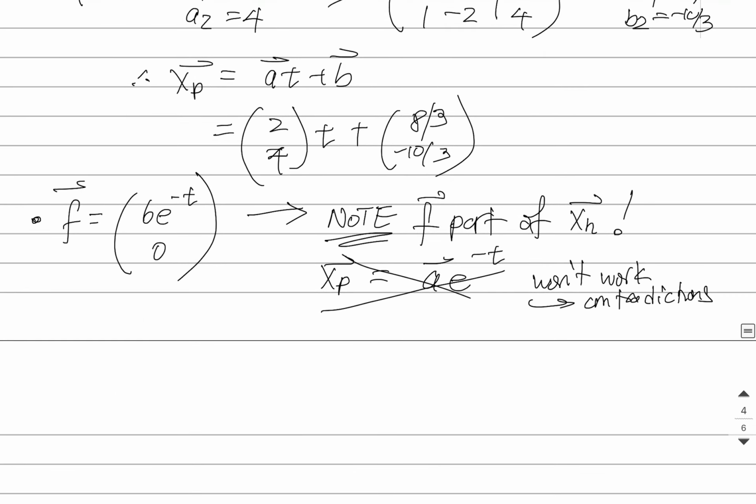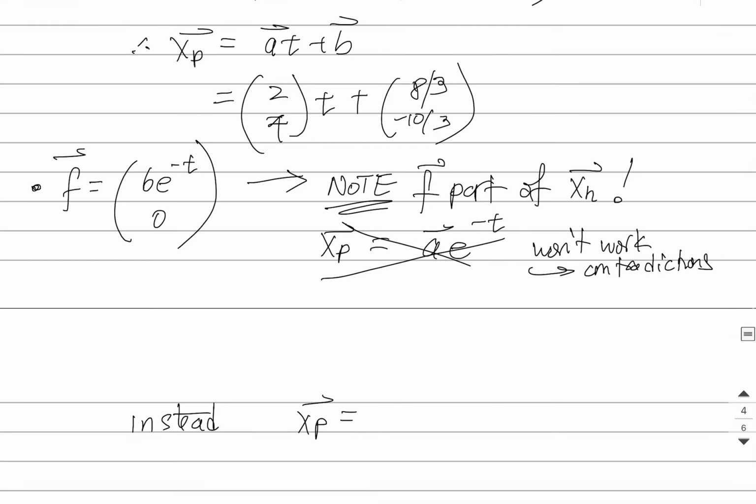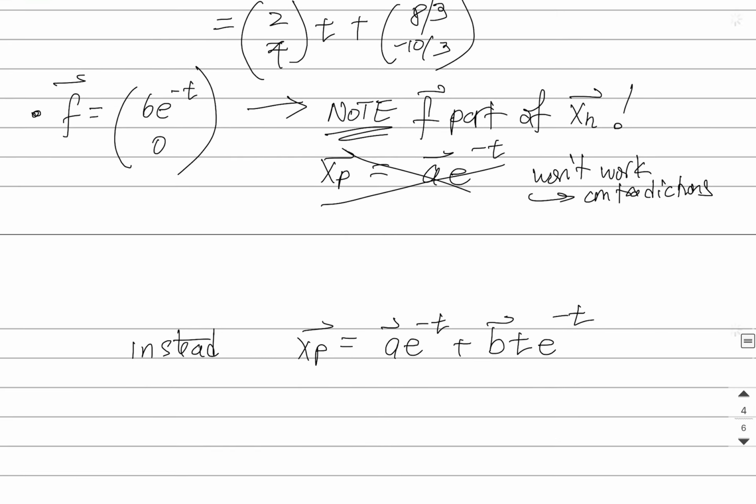So what you have to do instead is, as before, try a particular solution that bumps up the power of t. You have to try a e to the minus t, where a is a constant vector, and then b, another constant vector, t e to the minus t. So this adds an additional layer of complication.